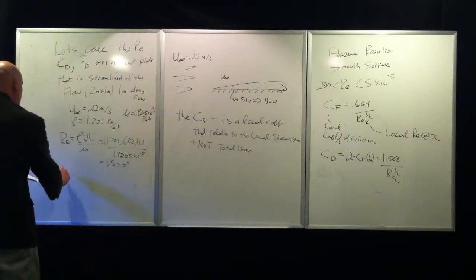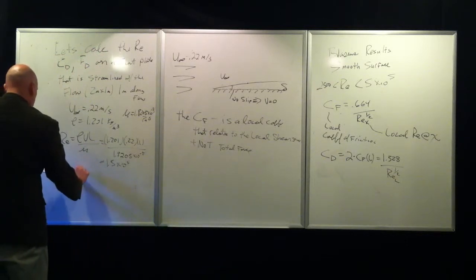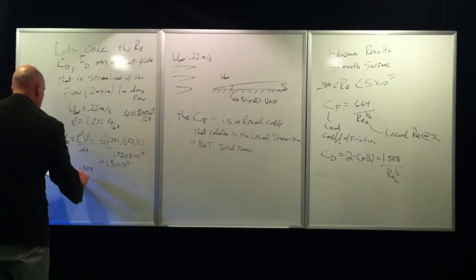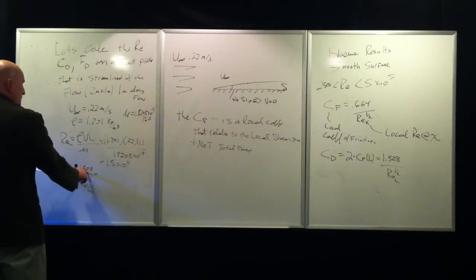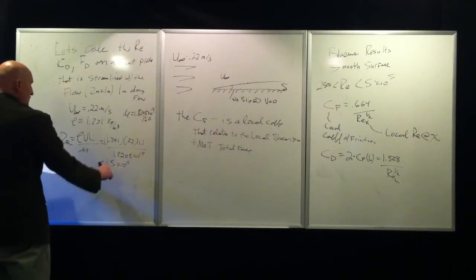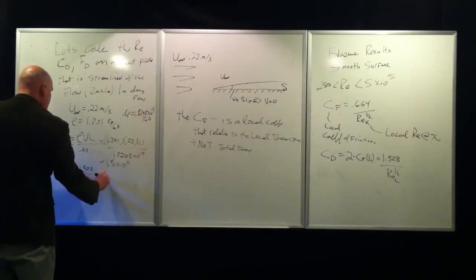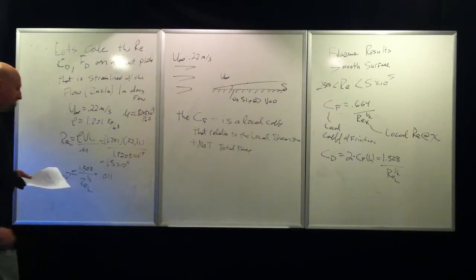Now to calculate the coefficient of drag over the entire plate is 1.328 over the Reynolds number based on length raised to the 1/2 power. Taking 1.328, dividing by that number square rooted, you get a coefficient of drag of 0.011.